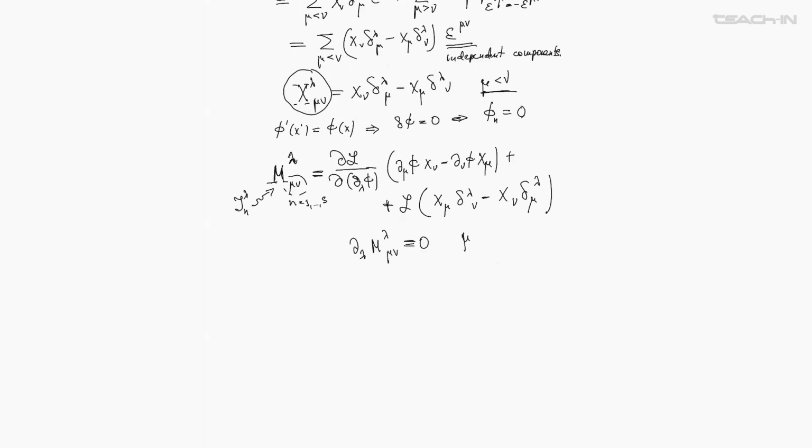So in arbitrary dimension, this tensor will have d(d−1)/2 independent components.